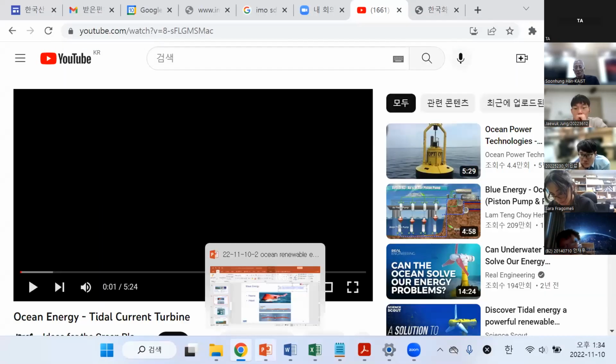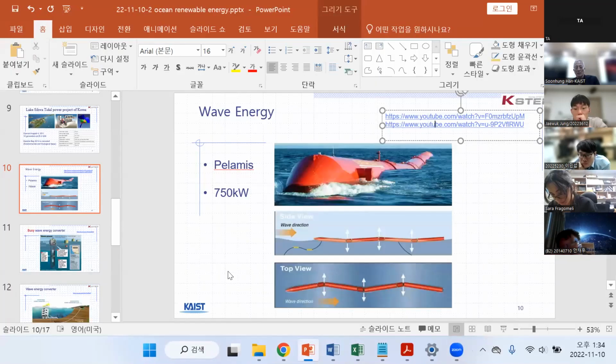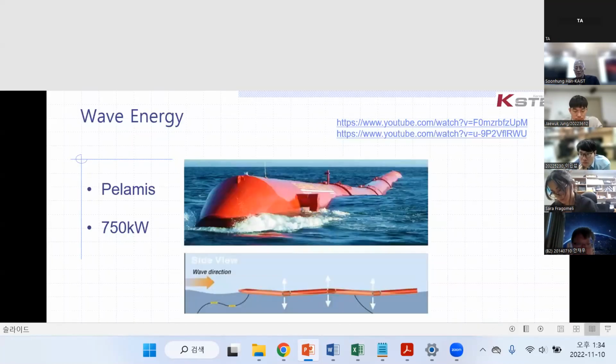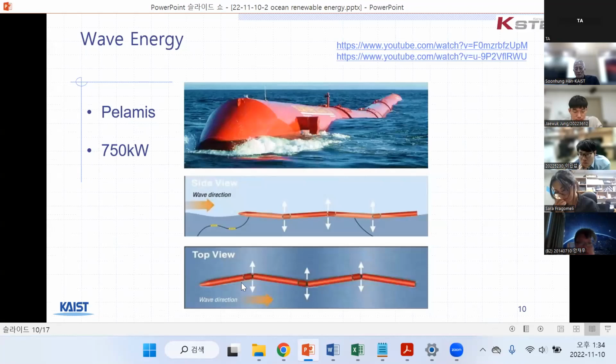So you see how the Pelamis is operating. Between them, let me show you, there is a cylinder and wave direction. They are going up and down. So between them, the cylinders are operating each other because of the pump. The cylinder is moving up and down, and that gives us energy.